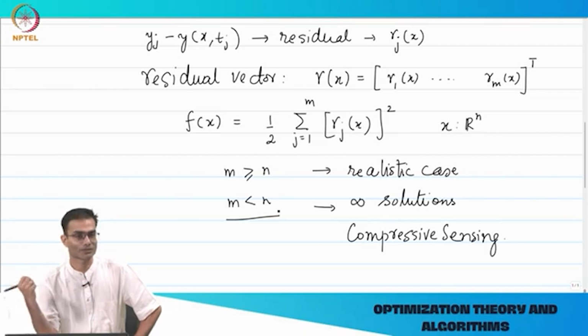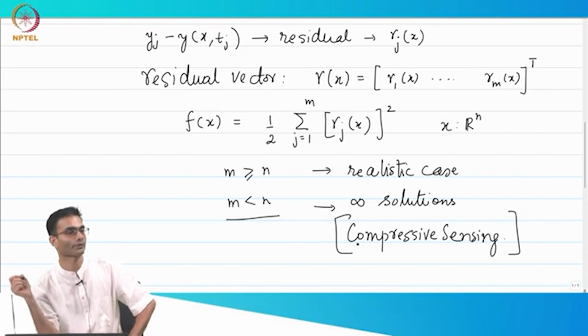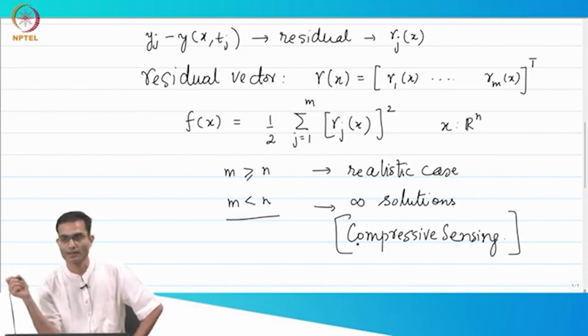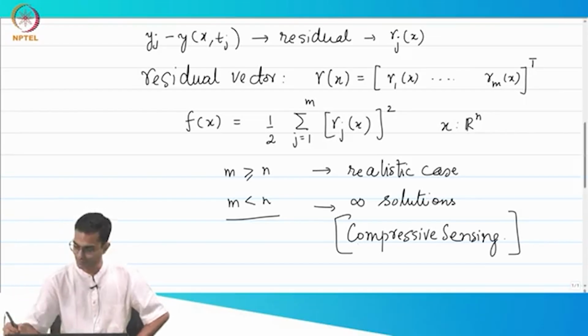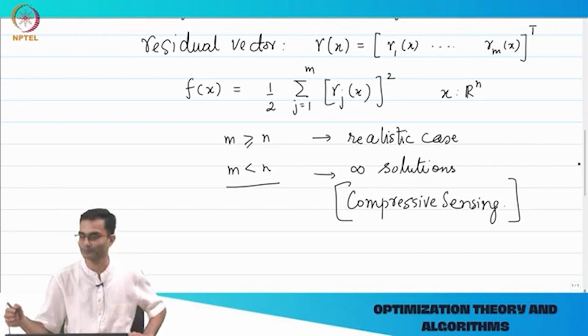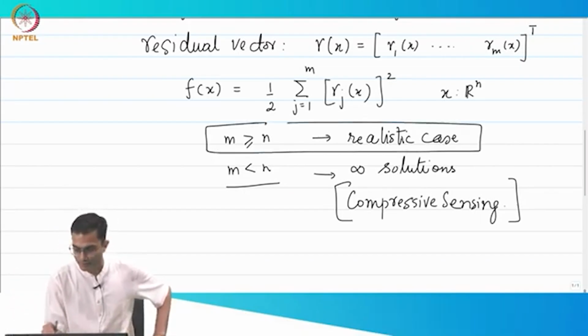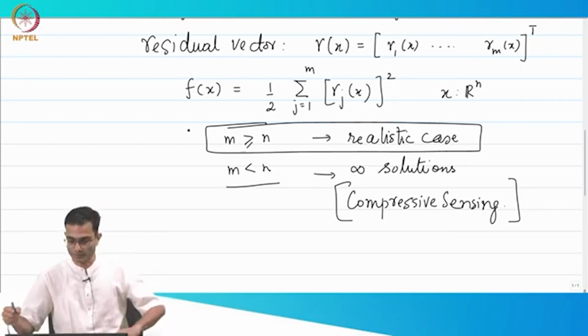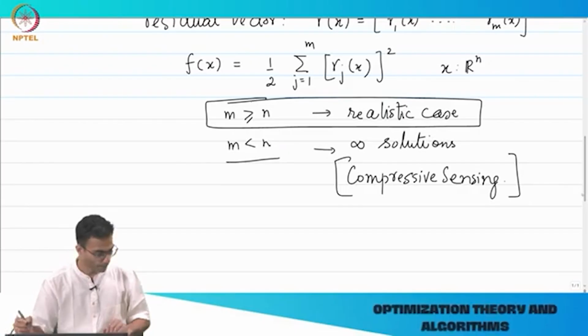This is a very nice possible topic for your course project. Many students in the past iterations have enjoyed this topic. It's very counterintuitive, but it's good fun. But for now, this is the case that we're going to look at, where common sense dictates there are more measurements than the number of variables.